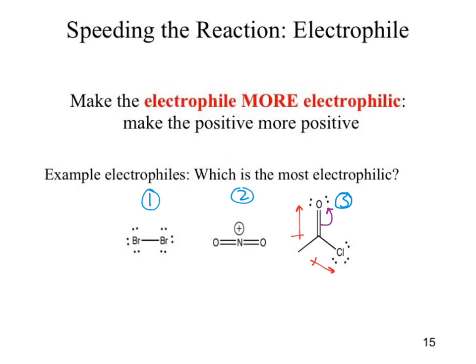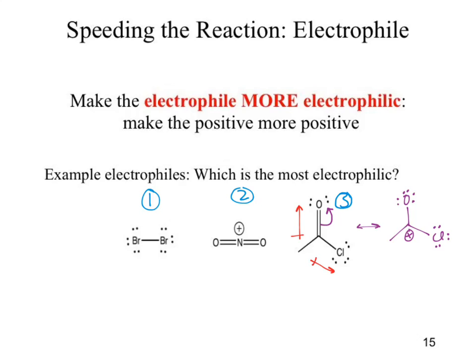We have a resonance structure to take the pi electrons and dump them up on the oxygen, which pulls the electrons away from our carbon, and we'd end up with a structure where the carbon is formally positive. Okay? So that last one does work out for us as being a pretty electrophilic carbon.